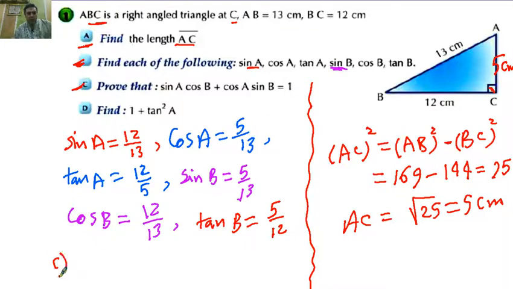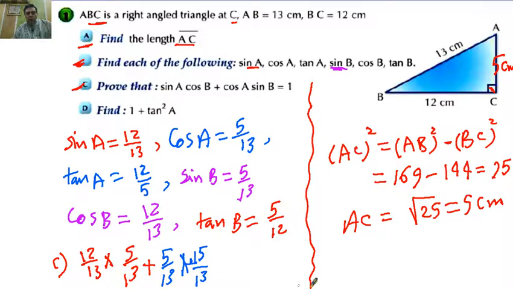From these relations, sine A equals 12 over 13 times cosine B, 5 over 13, plus cosine A equals 5 over 13 times sine B equals 12 over 13.